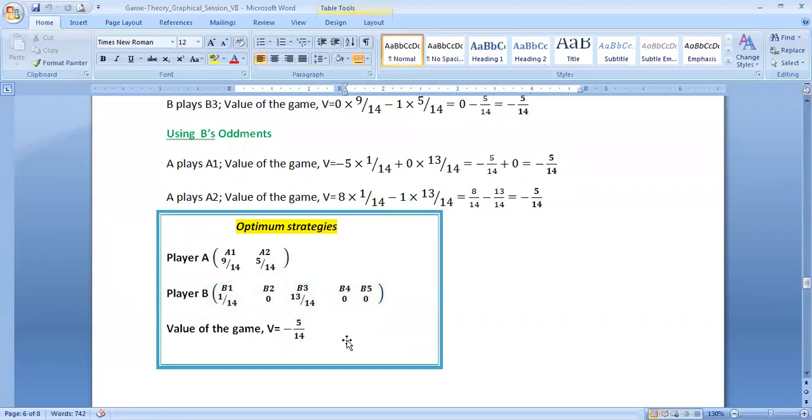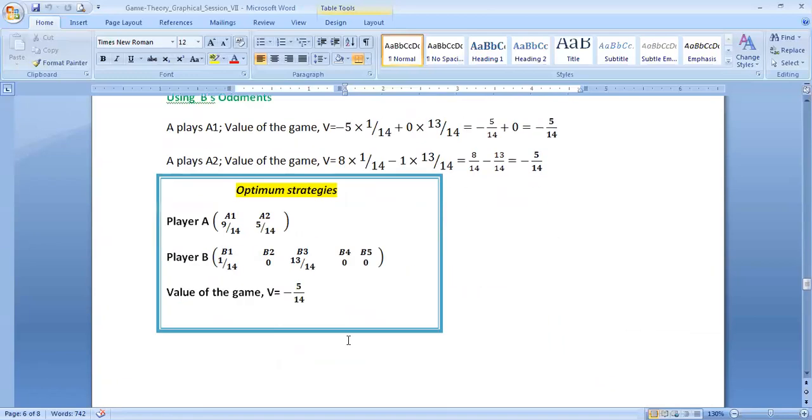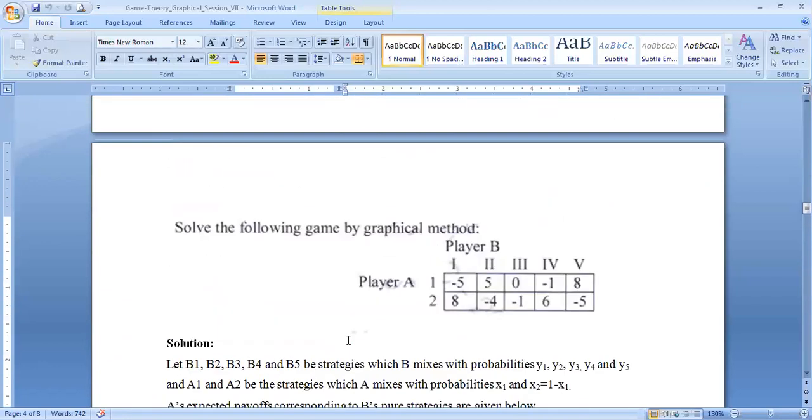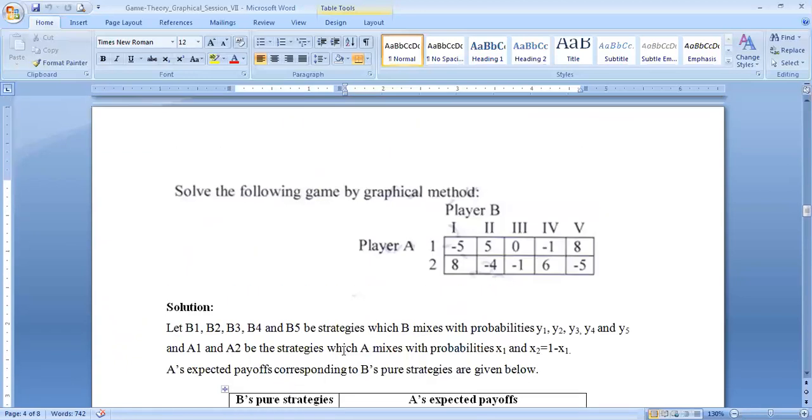The value of the game is minus 5 upon 14. In order to cross verify that the value is correct, you can find the values of minimax and maximin. Minus 5 upon 14 should lie in between that range. Here the row minimums are minus 5, minus 5, and so the maximin is minus 5.